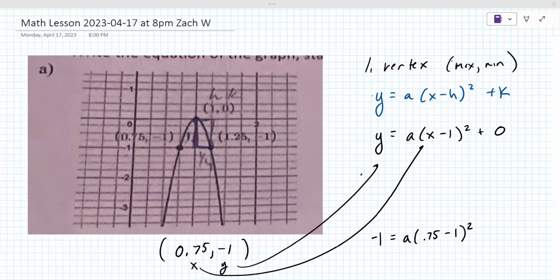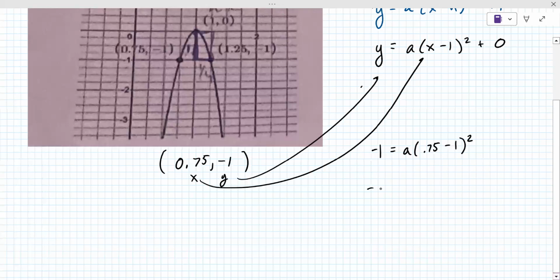So then I put those in: -1 = a(0.75 - 1)^2, plus 0 technically, but it doesn't really matter since you have it above. I feel like my teacher hasn't shown that for some reason.